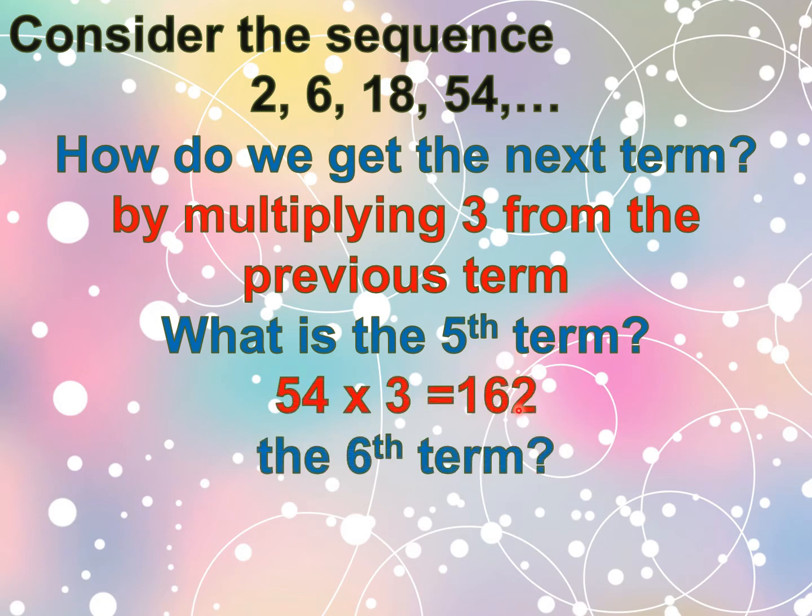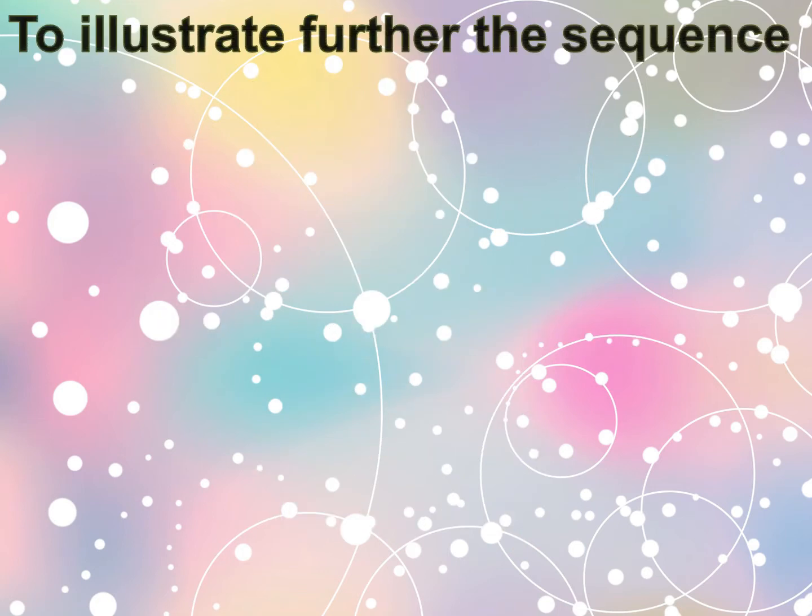And then next, how about the sixth term? Same process ulit, yung 162 naman ang ita-times natin sa 3, which is equal to 486. To illustrate further the given sequence na 2, 6, 18, and 54, isusulat natin siya in terms of a sub 1 times r.